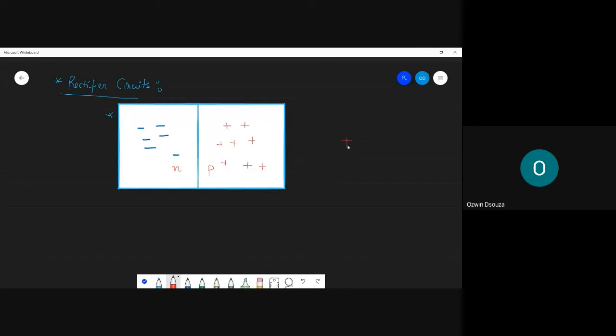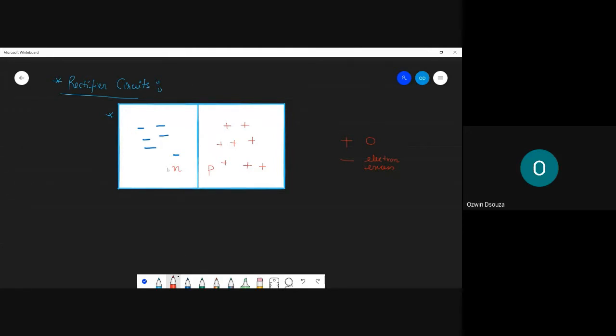The plus sign stands for the vacancy created in the PN junction layer, and the minus sign stands for the excess electron. This is what the PN junction layer looks like.